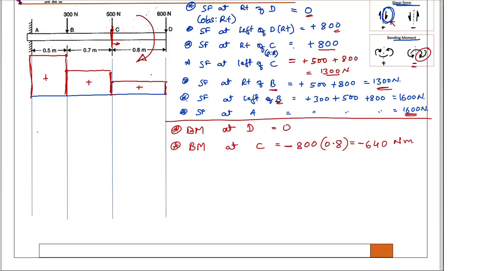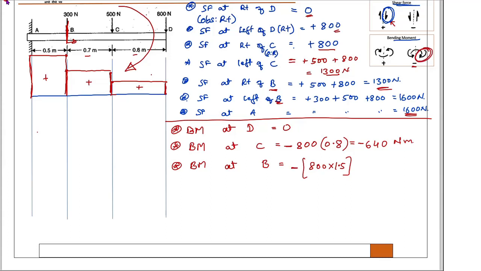Now, I will come to the other section, that is bending moment at B. This is a section, observe the right side. Two forces are causing moment here. The first force, 800, is causing moment with the distance 0.7 plus 0.8, which is 1.5. This 800 is causing moment in this direction, resembling this notation, therefore it is negative.